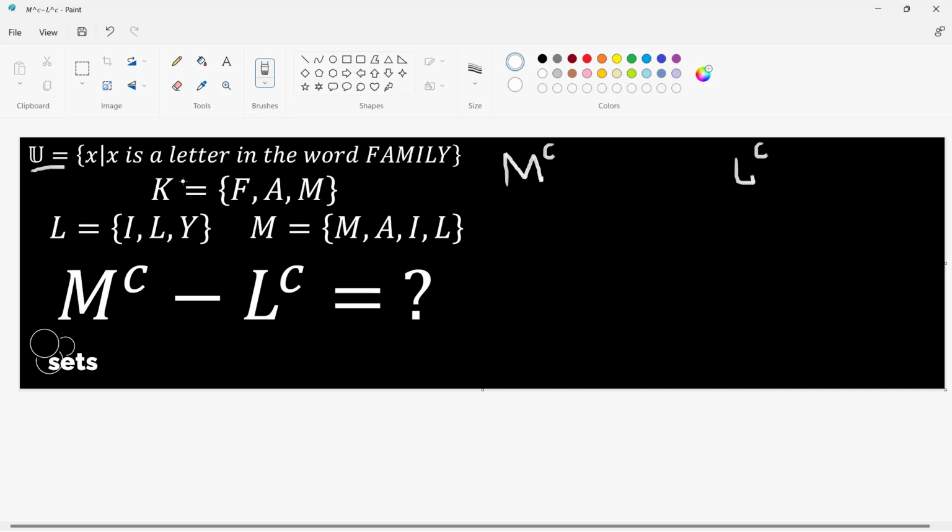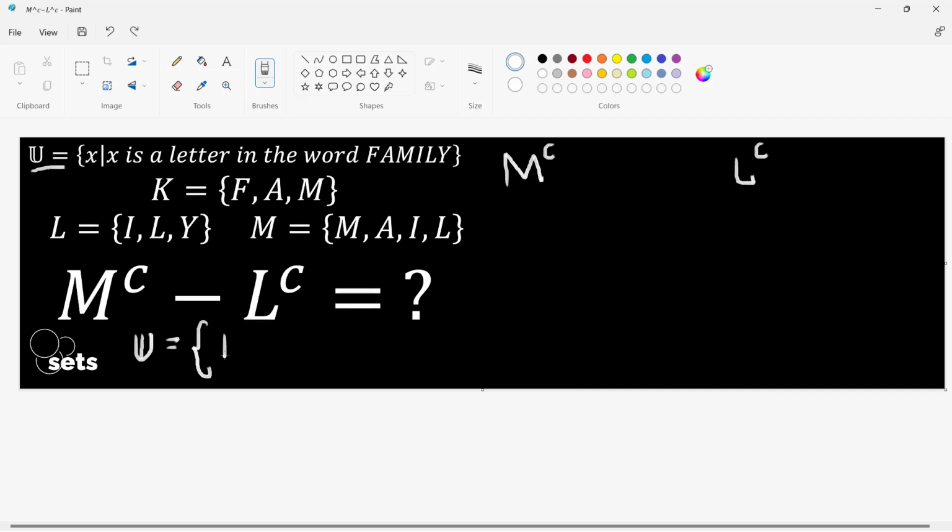We could know the correct elements of this universal set by writing it in roster form. We are going to list down the elements, the letters in the word family, in any order as long as there's no duplication.